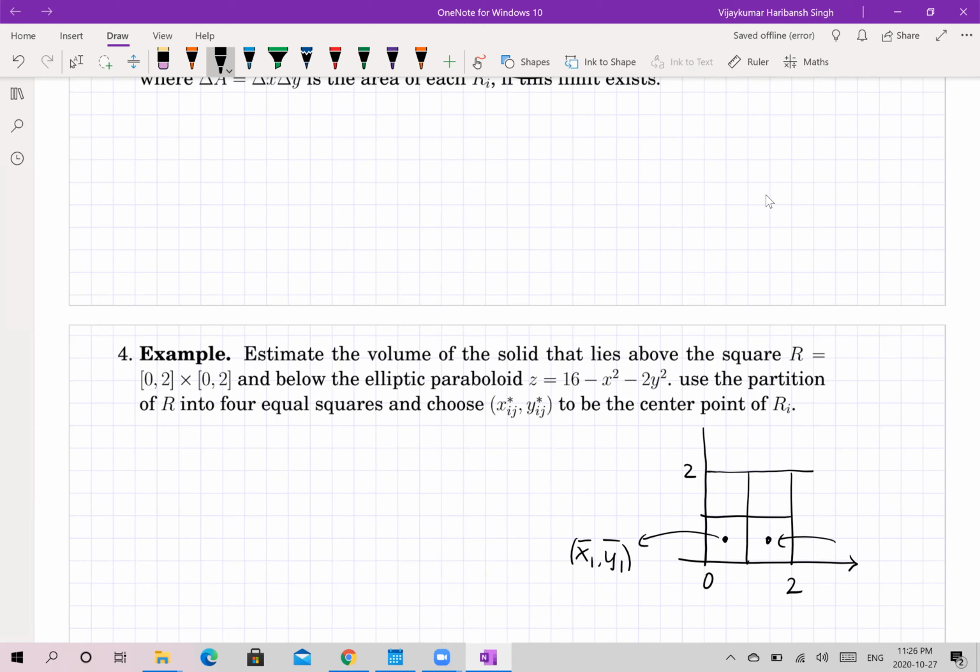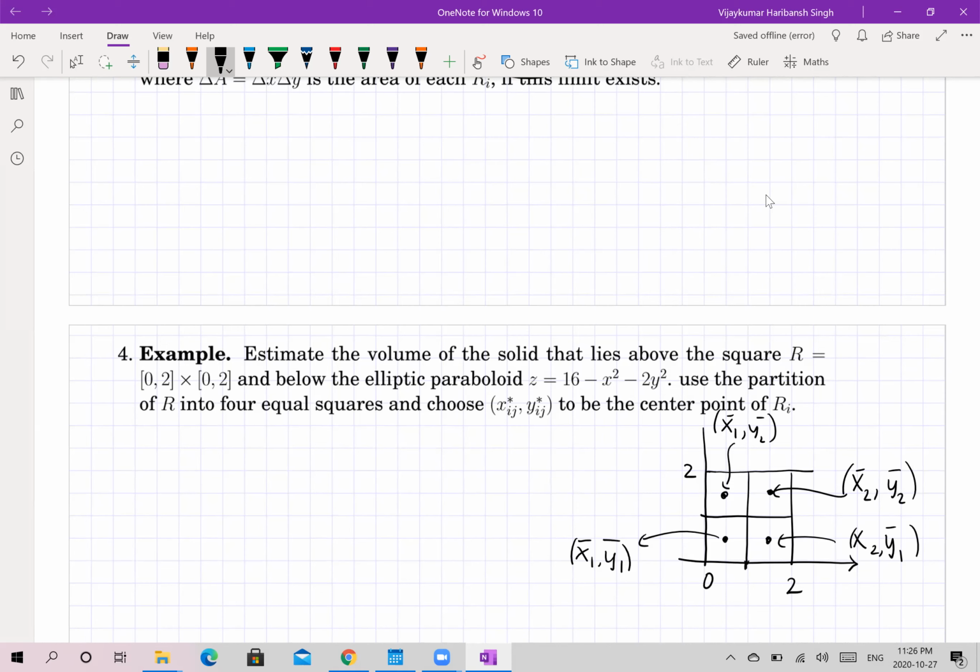I'm going to use star, but instead of that, I'm using bar, which indicates a midpoint. This is going to be x2 bar, y1 bar. Then I have x1 bar, y2 bar, and this point will be the midpoint of this one, which is x2 bar, y2 bar.